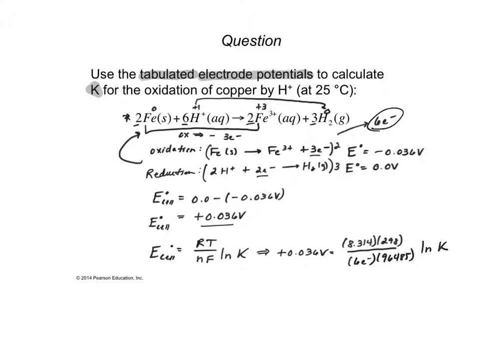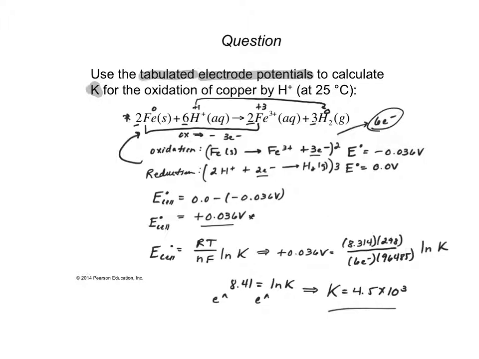So when I multiply by 6, I multiply by 96485, divide by 8.314, divide by 298, I get 8.4 is equal to ln of K. And so then to solve for this, e raised to both sides will give me K. So K is equal to 4.5 times 10 to the 3. Right, so it's actually fairly large, even though, again, we had a fairly small overall cell potential.